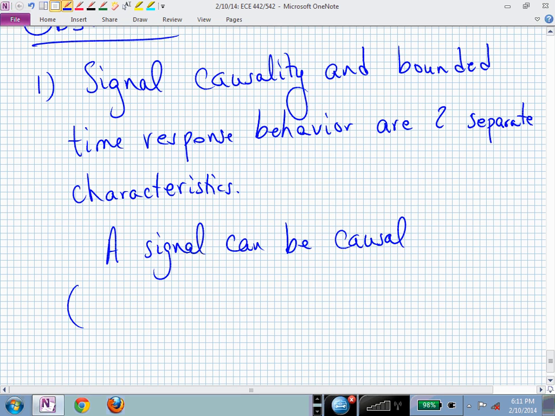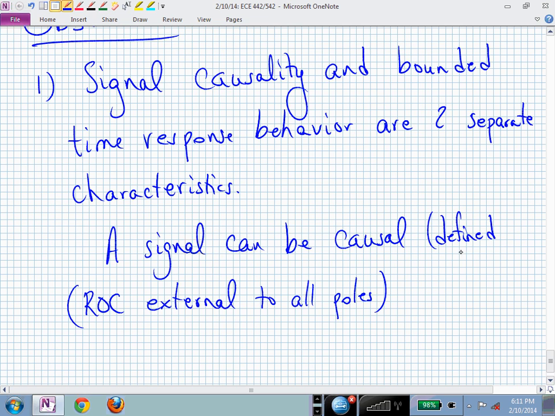So a signal can be causal. That says that the region of convergence is external to all poles. If it's causal, it's defined for n non-negative.